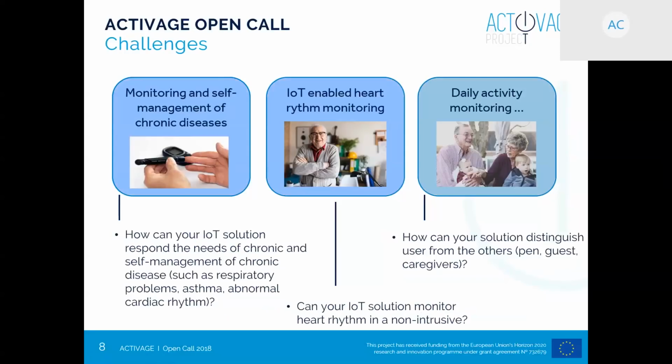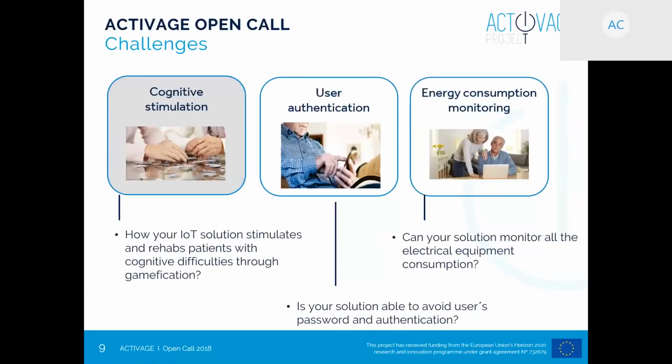Here we can see other different challenges about how to prevent mental disease or taking care of disease. And other different challenges focus on cognitive stimulation, or how your solution could improve or eliminate some barriers for older people, for example, avoiding user passwords or authentication ways.